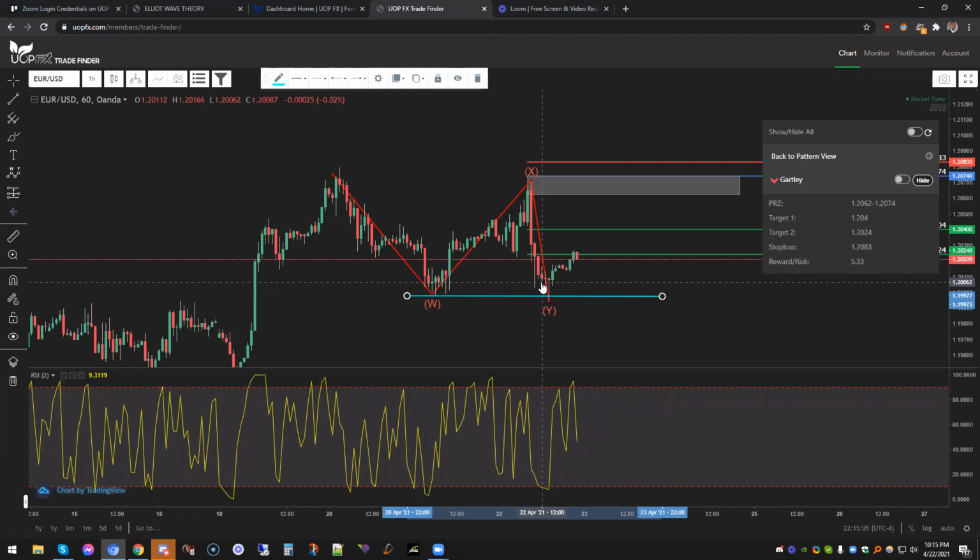Now, what you're looking for is the close of a green candle. So here you can see you hit the support level, so you can exit. Once you hit that support level, you can exit because it is already after 12.